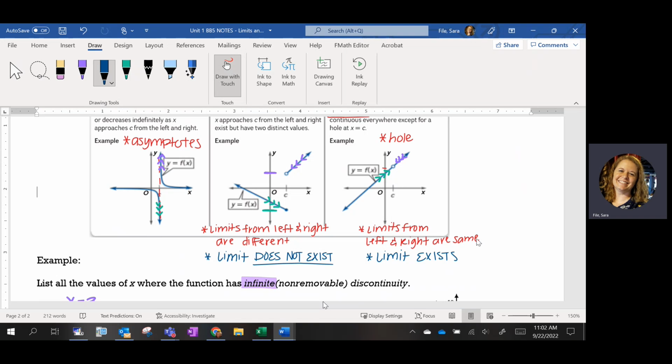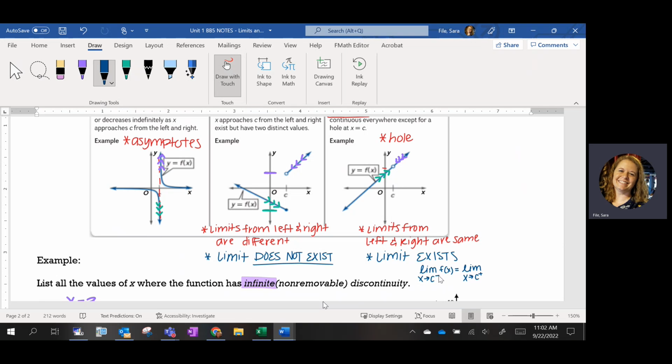Okay, mathematically speaking, that would look like this. You would say the limit as x approaches c from the left of f of x is equal to the limit as x approaches c from the right.